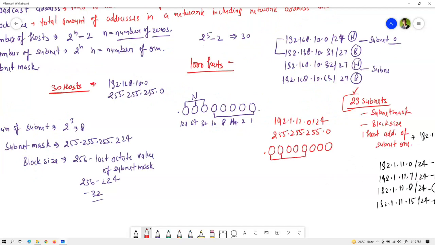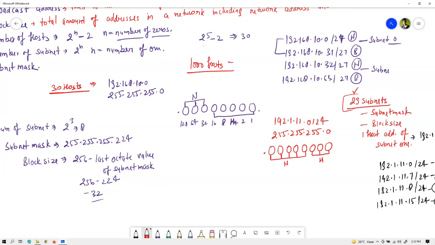It will not give you exactly 29, but an approximate value of 32. So you can use these 5 bits. These bits are called network bits, and these bits are host bits, or available bits. The host bits are used when we calculate the number of hosts, and the network bits are used when we calculate the number of subnets, or subnetworks.